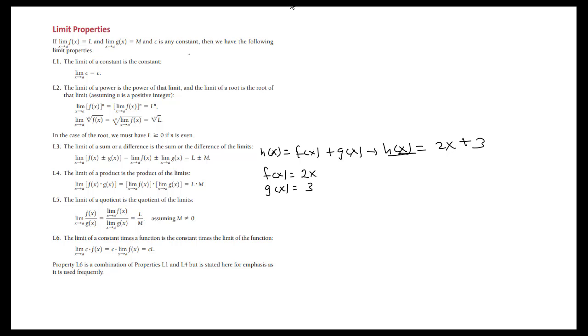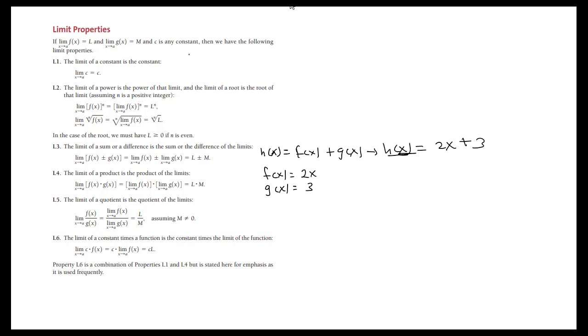This is f of x plus g of x. Now, how can we find the limit? Well, it's the same if I take the limit of 2x. I'm just going to take the limit of f of x when x approaches a. Let's say we want to find the limit when x approaches 4.